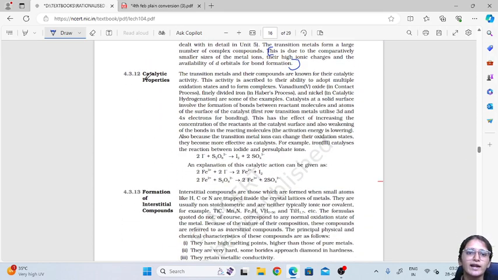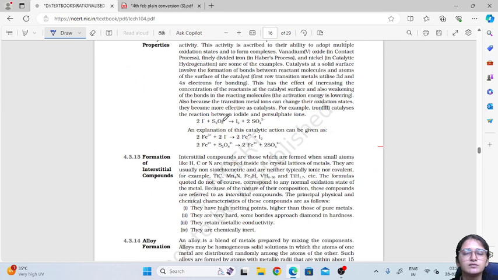Then they also have catalytic properties, that means they have a tendency to act as catalysts. Here also there are some reasons which enable them to act as a catalyst. The first reason is they can adopt multiple oxidation states. Since they have this ability, they can behave as good catalysts.